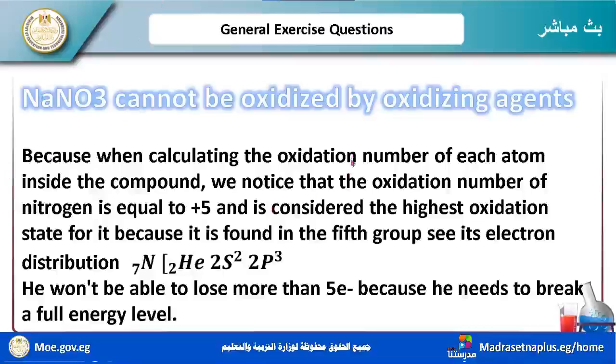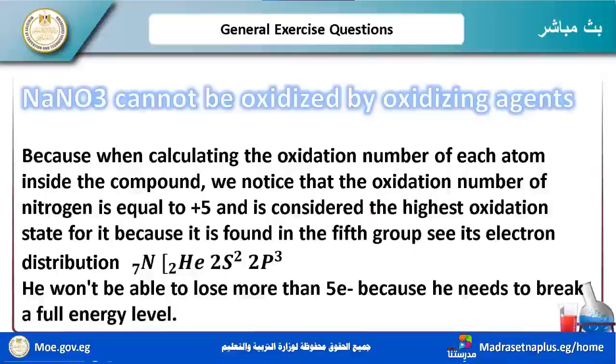When calculating the oxidation number of each atom inside the compounds, we notice that the oxidation number of nitrogen equals positive 5, and it is considered the highest oxidation state because nitrogen is found in the fifth group.